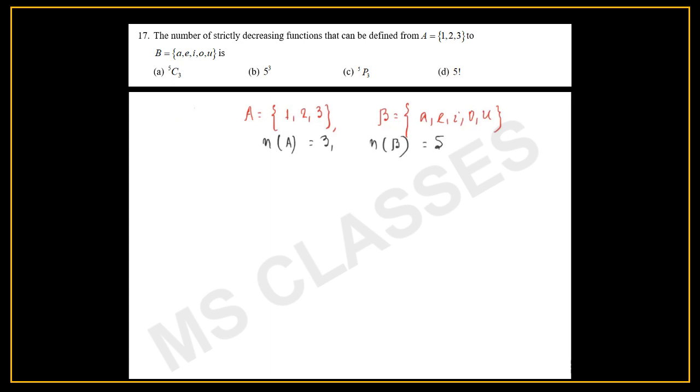So in this case, as we denote n(A) by n and n(B) by r, therefore the number of strictly decreasing functions is equal to rCn, 5C3.